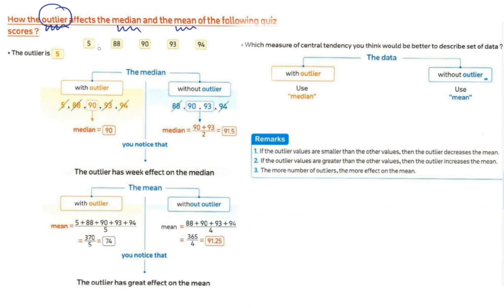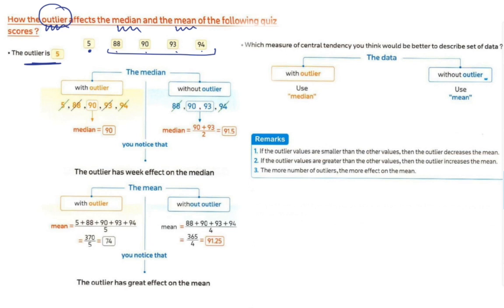Note with me, we have here 5 values. It's obvious that 5 is the outlier, because all of these values are close to each other, and 5 is so far from them. Now I know that the outlier here is 5.